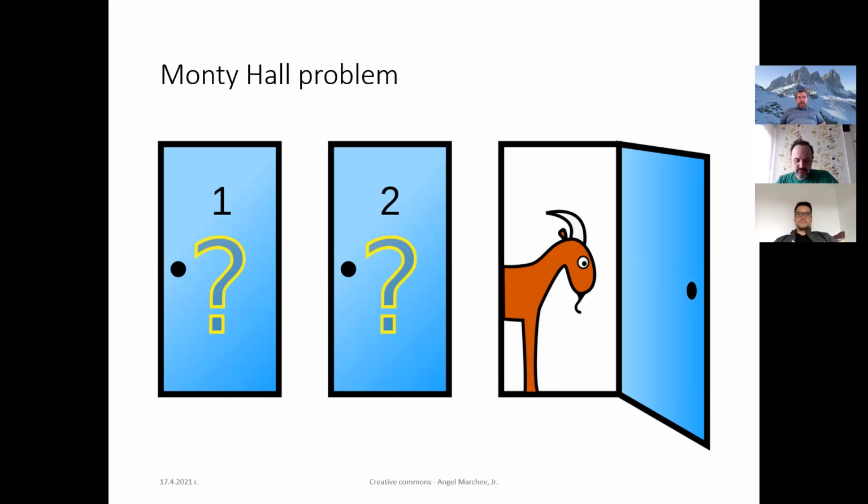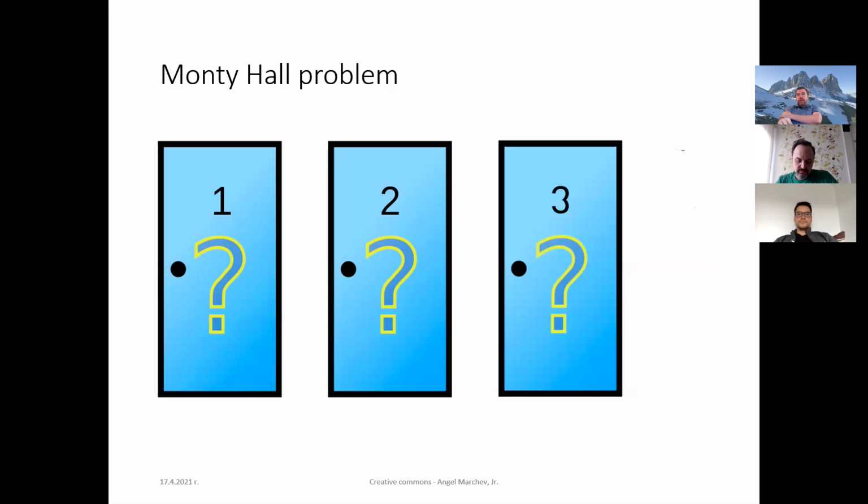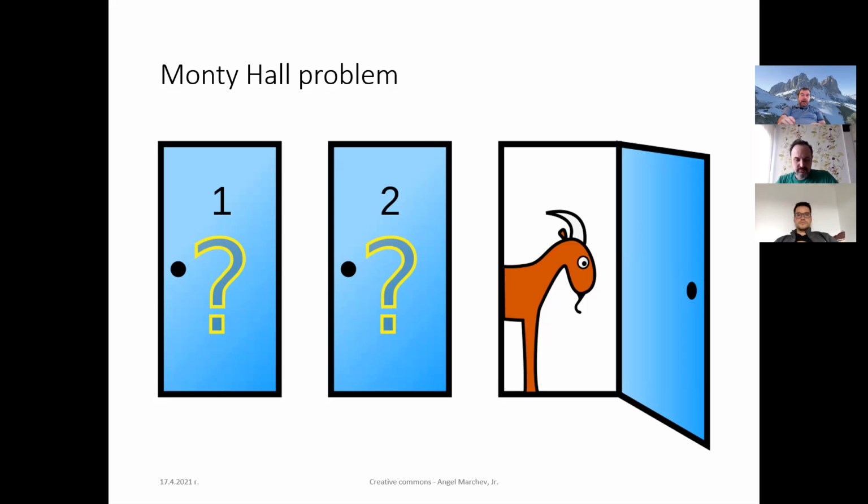And this is a valid argument, especially if you think about it. We have three doors. I choose randomly. What do I gain by changing? There is no way that I can gain something. This is one.